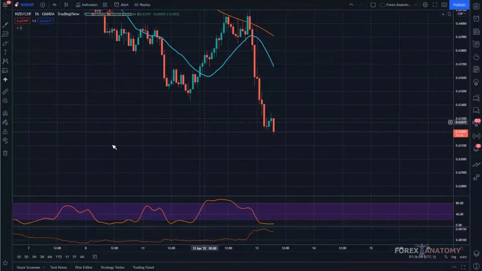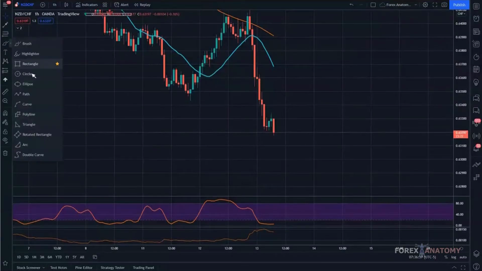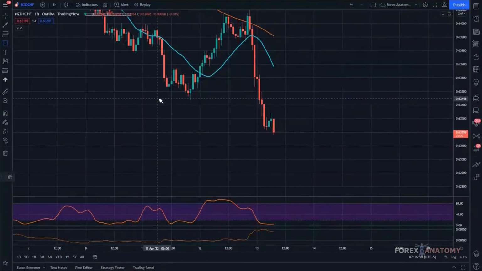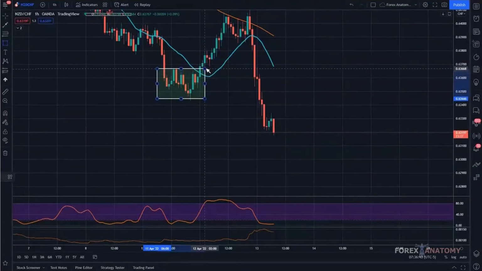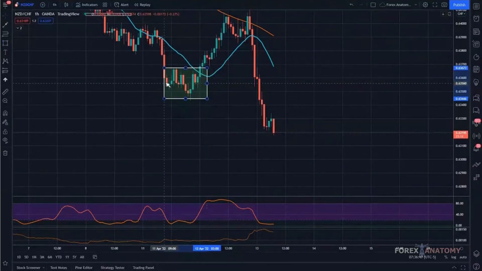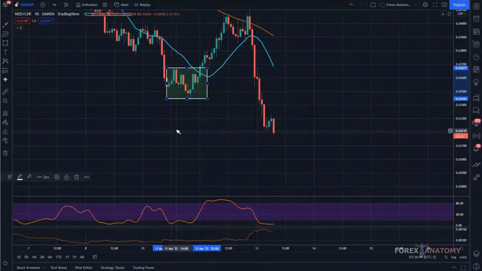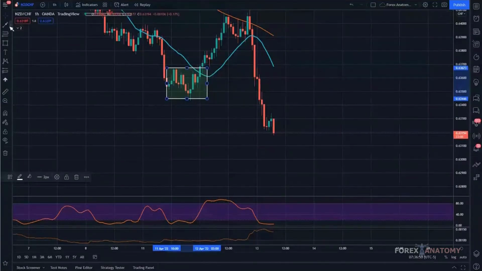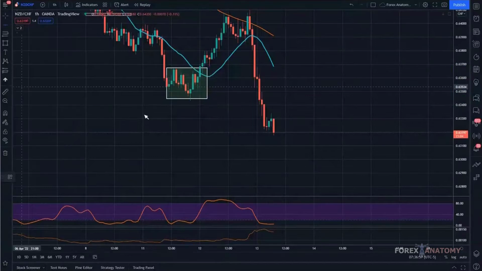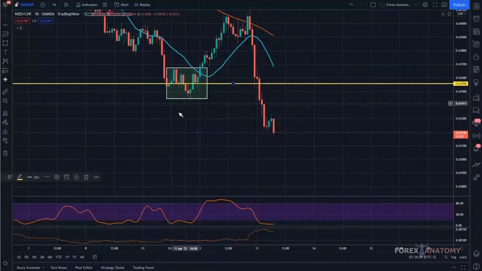And what we can see is that right around here, we have what you would consider to be an area of consolidation. You could say a zone of consolidation right here. So what I want to do is place a line. I'm going to place two lines. I'm going to place one right here at the half million mark and another one.